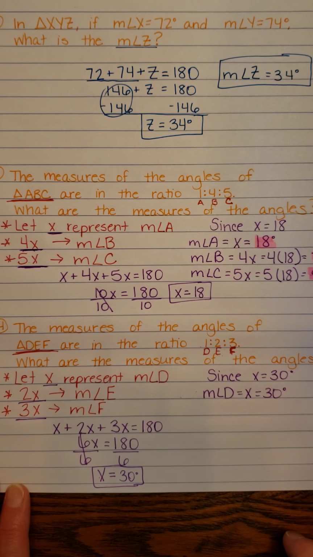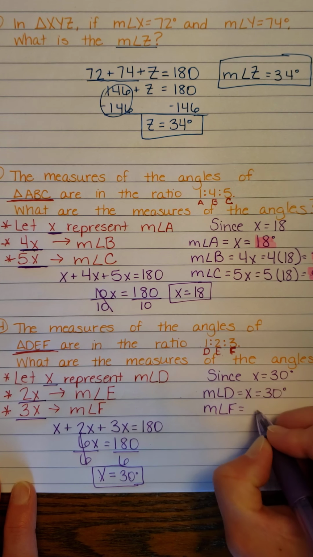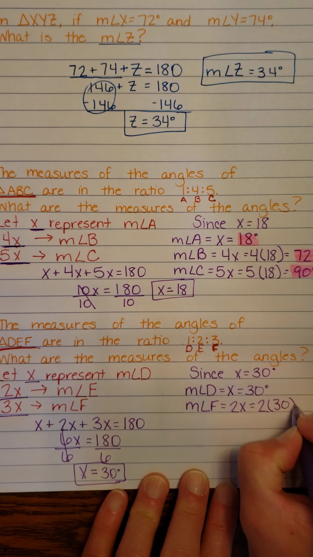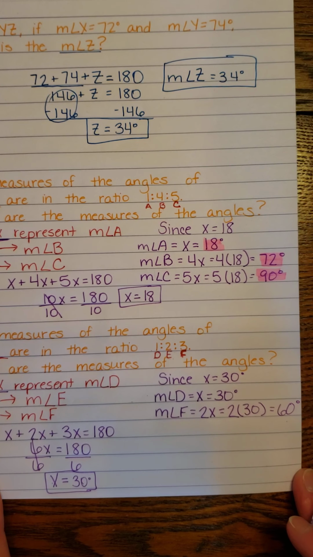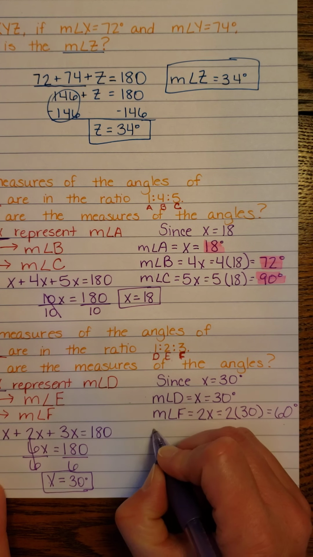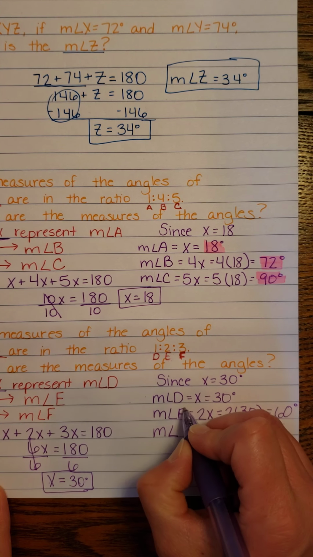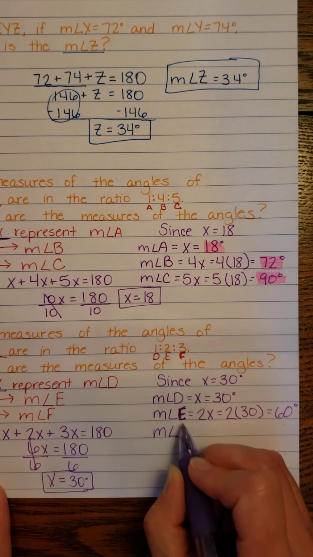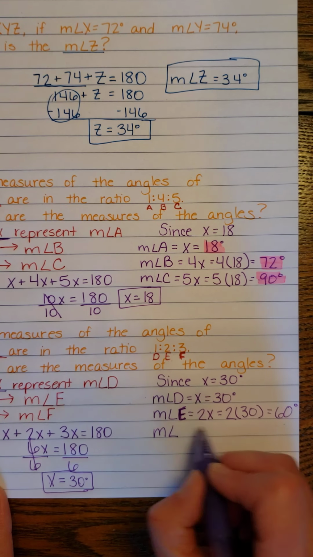So that's the measure of angle D. The measure of angle E, sorry about that, was 2X, so 2 times 30 is 60, so the measure of angle E is 60.